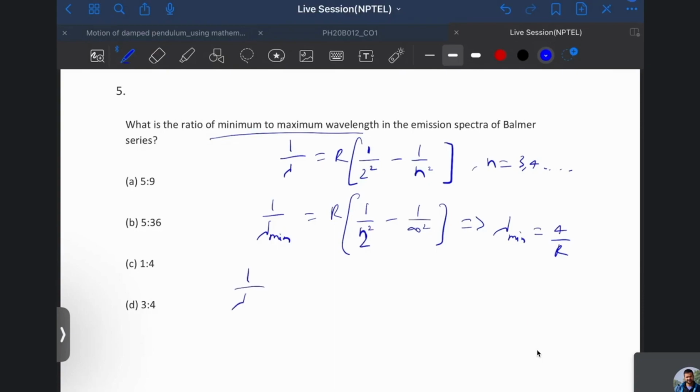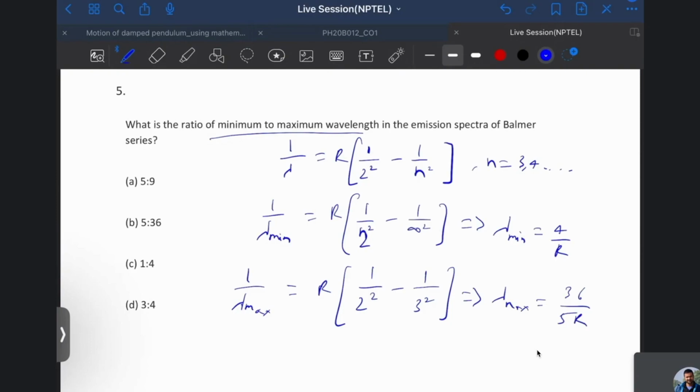And then for lambda max, what will be the n? Yeah, 3 square. Okay, so then we can calculate lambda max as, if you calculate, 36 by 5R, correct?